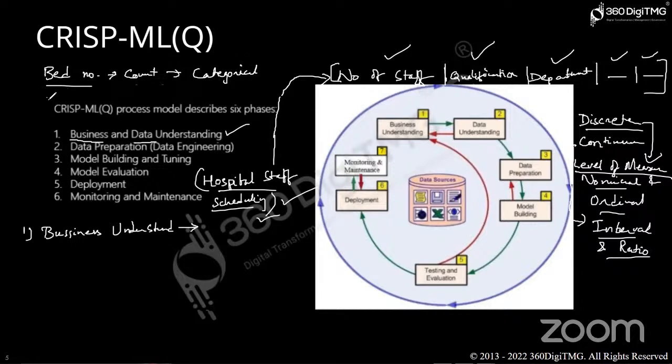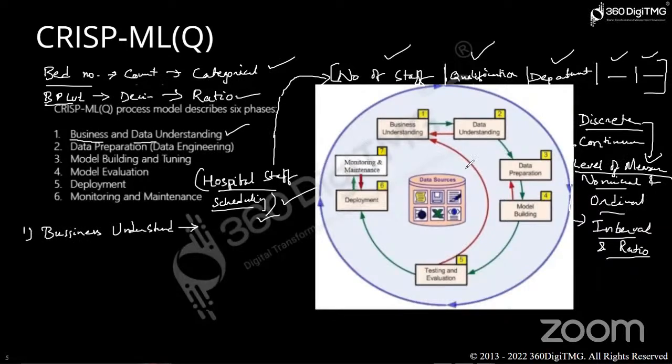Suppose we have blood pressure level as data. As we know, blood pressure can be represented in decimal form, so this can be considered ratio data. Like this, we'll have to figure out which data belongs to which of these levels of measurement.